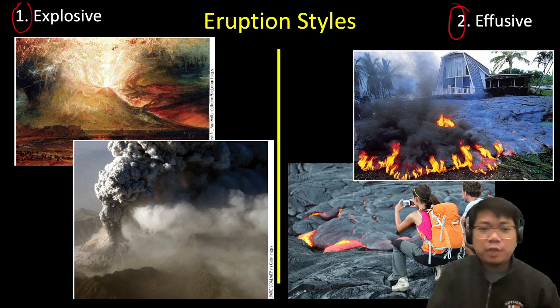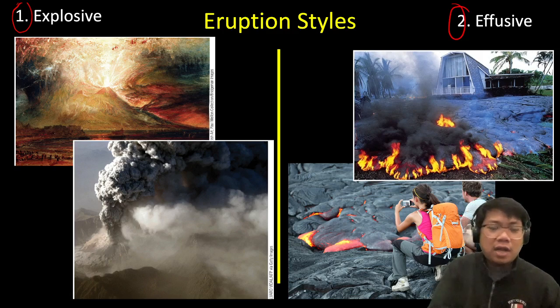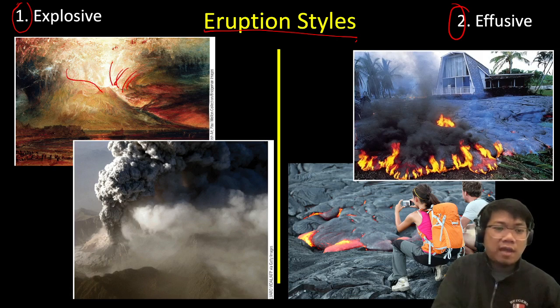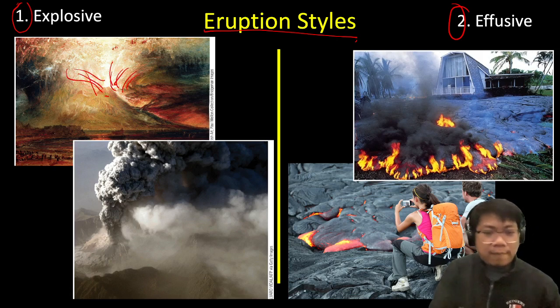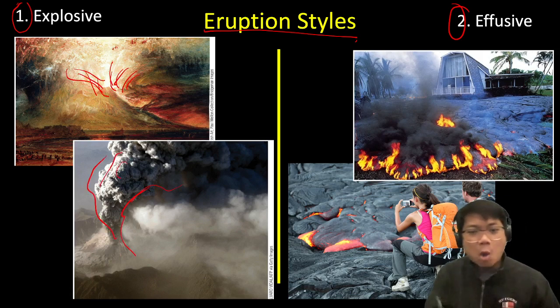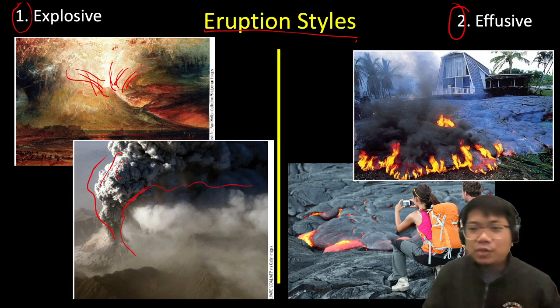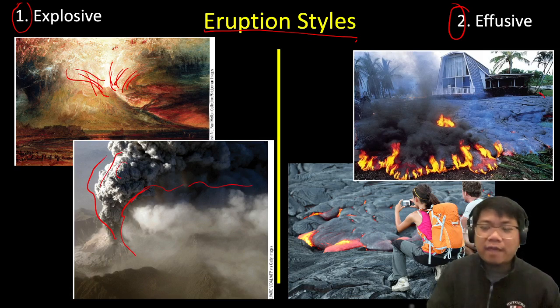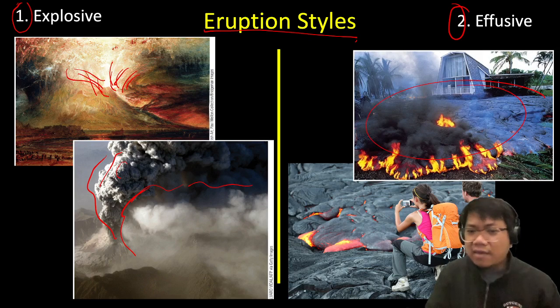And here are some pictures that kind of explain the eruption styles. The explosive one, look at that. It looks very, very violent right here, where you have fires, ash, hot ash, and plume of smoke, right? And then you also have the effusive one that doesn't have that actually.